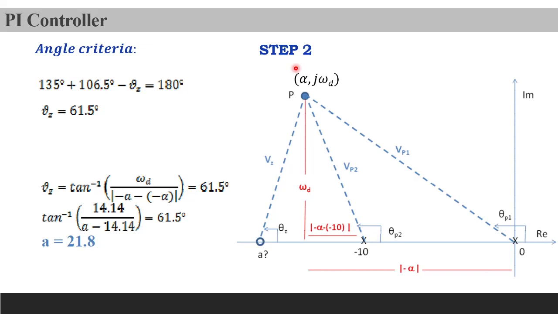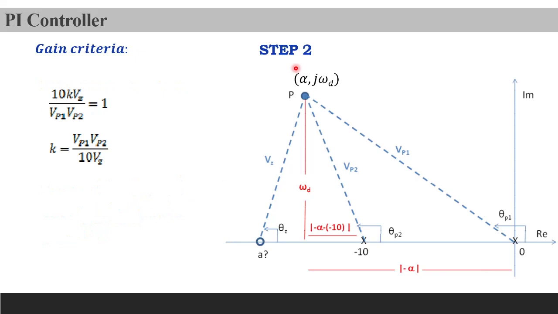So once we have the value of A, we can use the gain criteria. We still don't have some features, so we don't know the value of kp right now. So what we can do is, using the gain criteria, we know that all the magnitudes in the numerator divided by the magnitudes in the denominator, and all those mathematical operations come up equal to 1, which satisfies the gain criterion, where the point satisfies the equation.